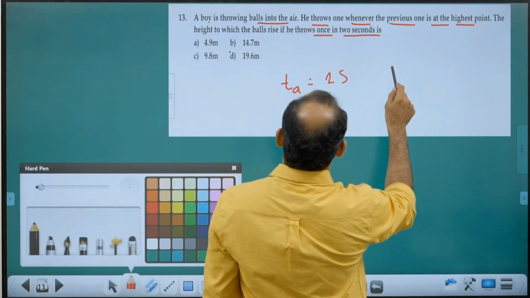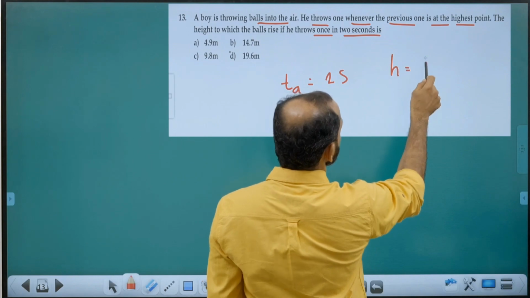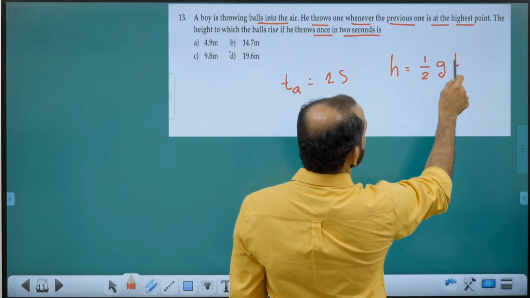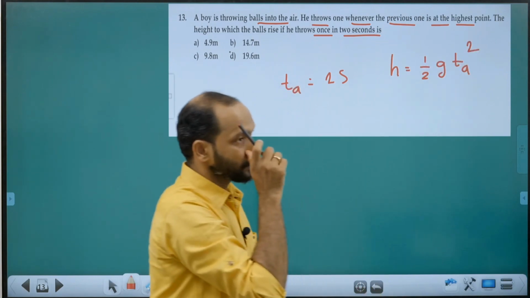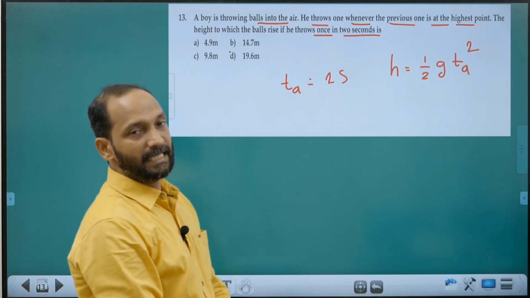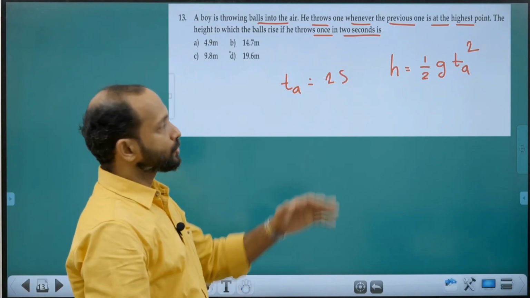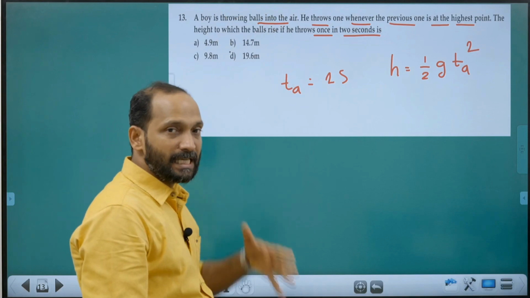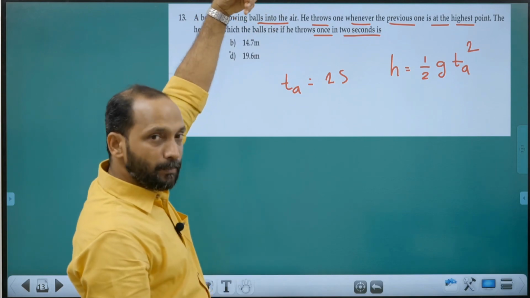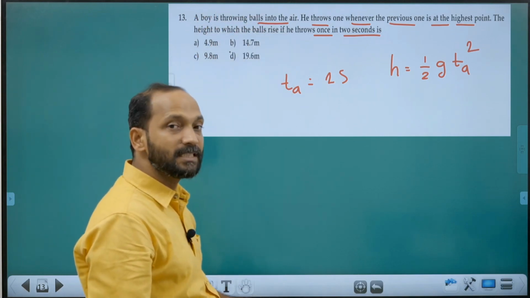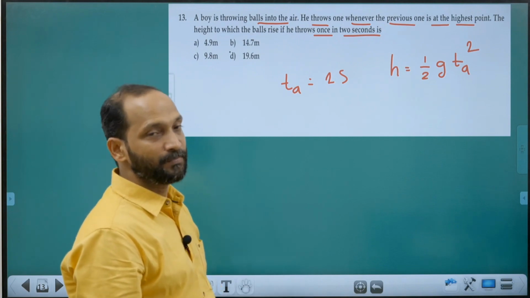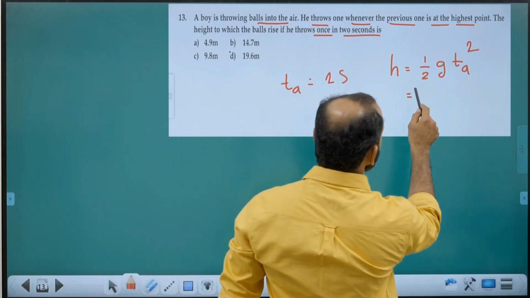That means height is equal to half g times time of ascent squared. You can use this formula because time of ascent is equal to time of descent. When it reaches the top and falls back, it takes the same 2 seconds to reach down. Okay, so that formula can be used.